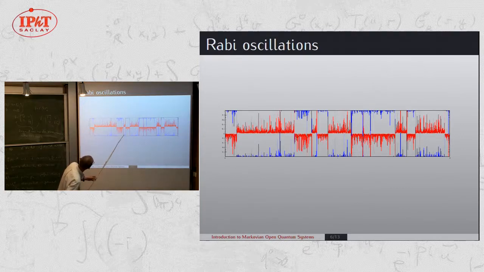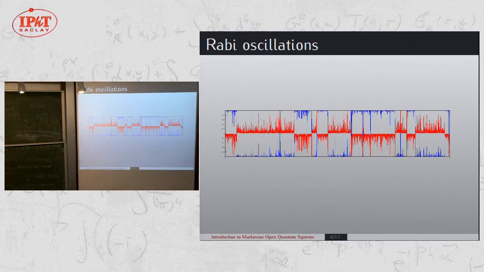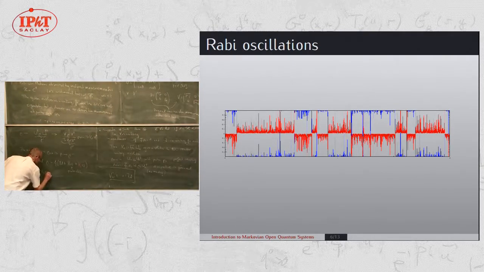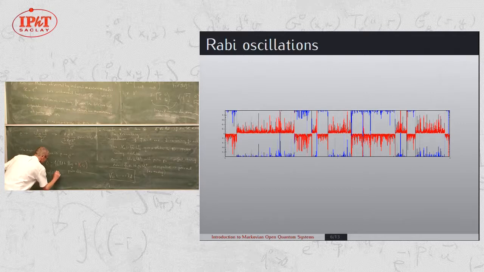I guess probably here we go back to zero and stay for a while here. So this is typical. This really is the important thing to remember: this leads to the prediction of the observation of quantum jumps.